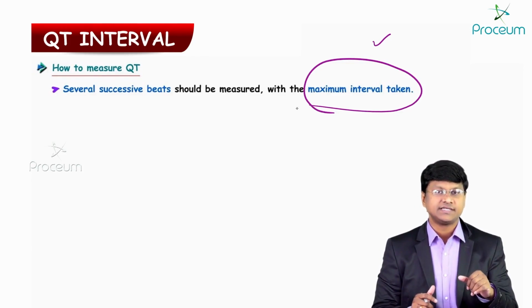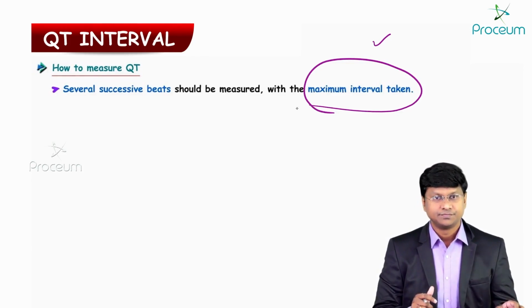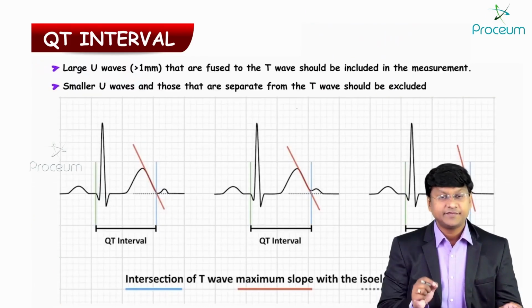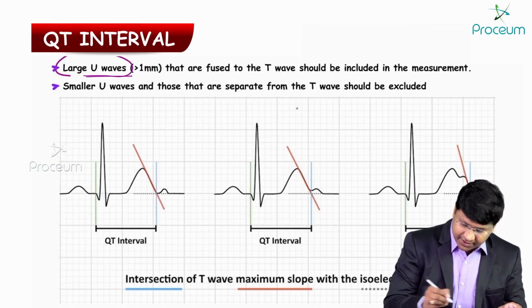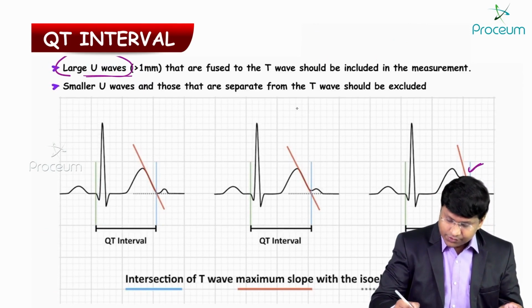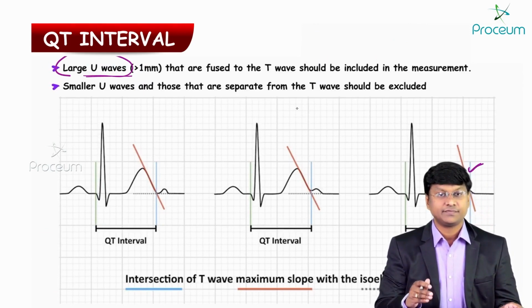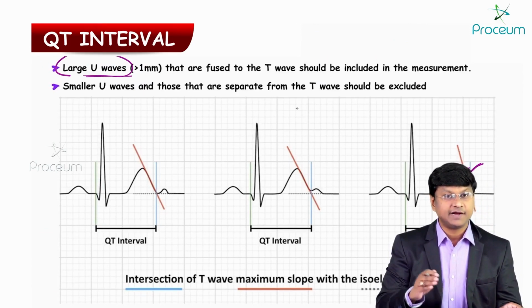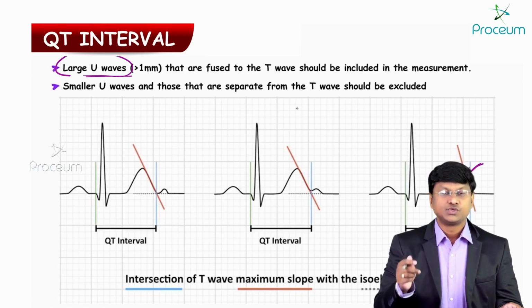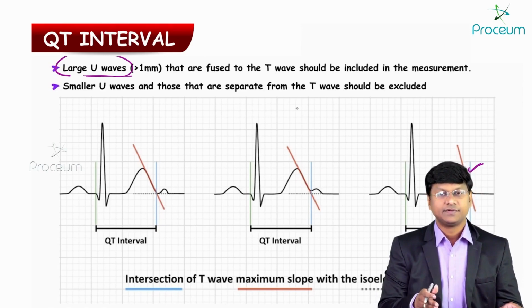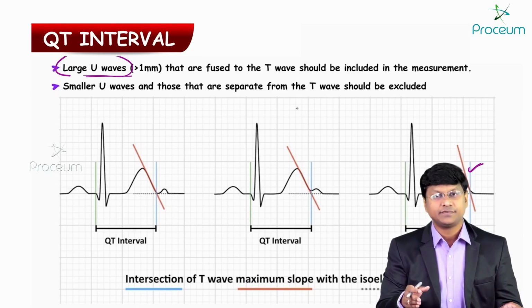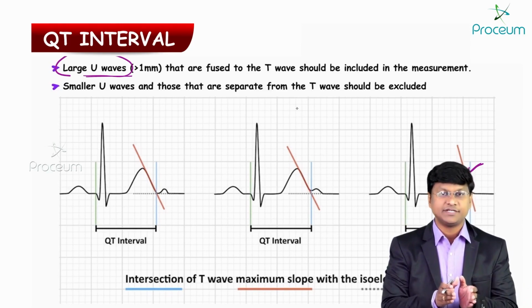In such a clinical scenario, what should you do? Suppose there is a large U wave. The U wave is the wave which appears after the T wave. If you have a large U wave that is fused to the T wave, even then that large U wave should be included in the measurement.